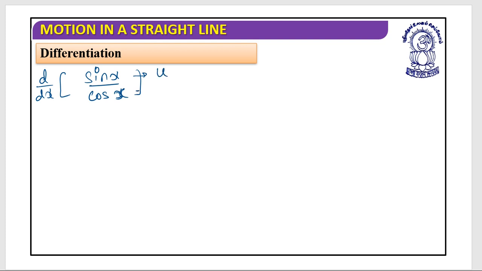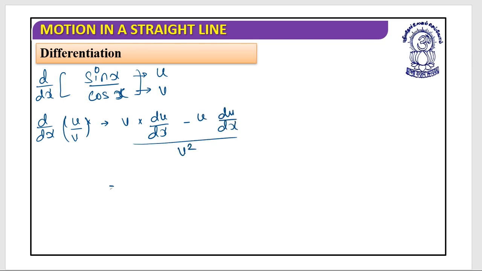Let's say this is u, this is v. Now when I need to differentiate u divide by v, I need to write like this, v into du by dx minus of u into dv by dx divide by v square. So this is equal to v is the cos x, du by dx, differentiation of sin x, what is it?